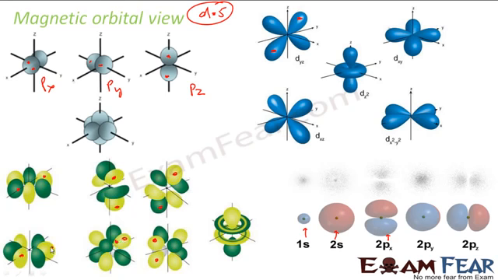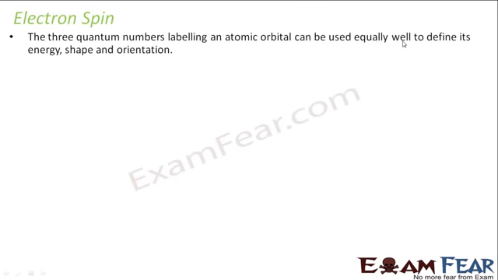Each will have 2 electrons, jumping around here and there. Since there are 2 electrons, each may have a different spin. In fact, both will have different spins, one clockwise, one counterclockwise, and that is denoted by the spin quantum number.